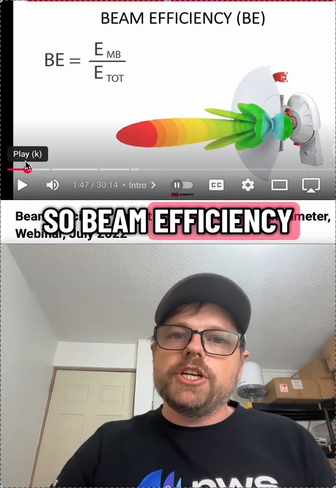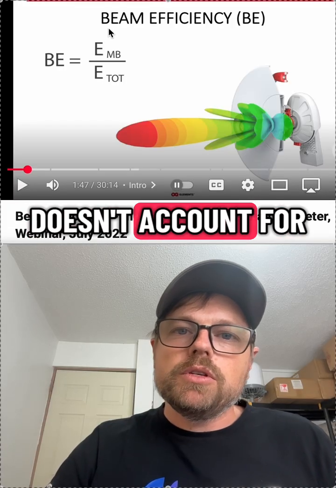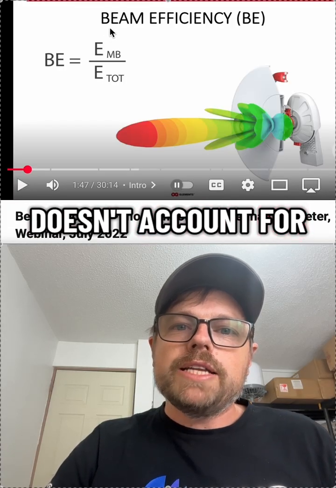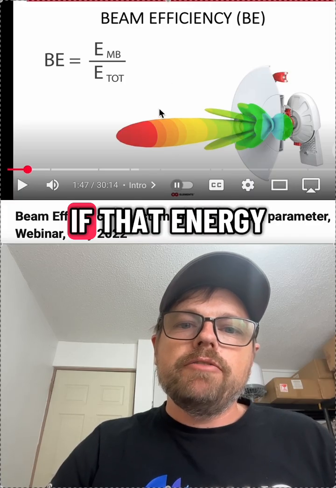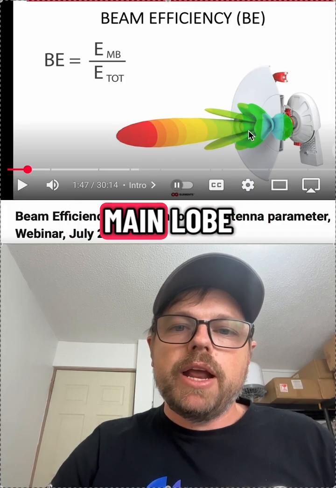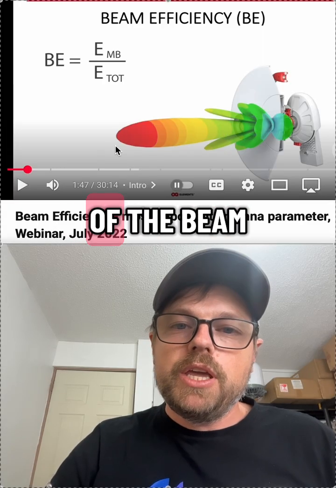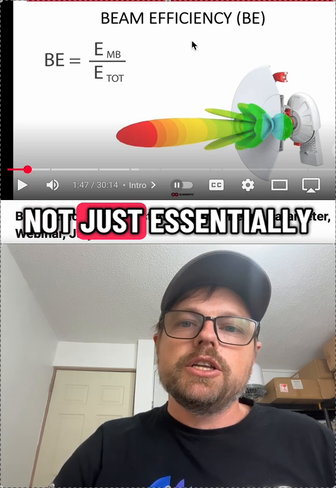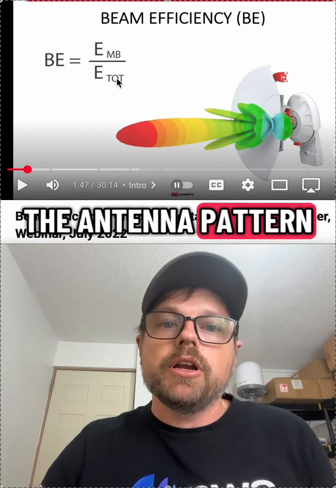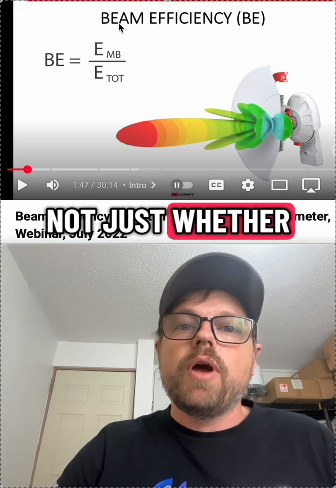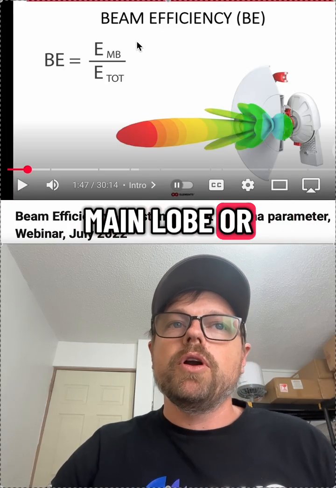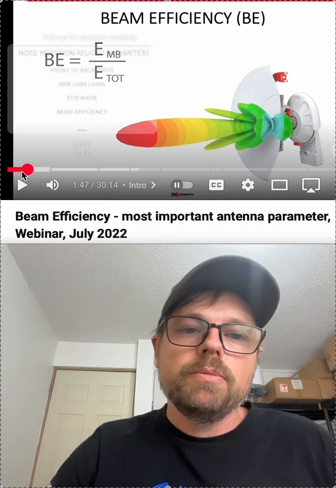So beam efficiency doesn't account for wasted energy if that energy is within the main lobe. So you really have to think about the shape of the beam, not just essentially the antenna pattern, not just whether it's in the main lobe or not within the main lobe.